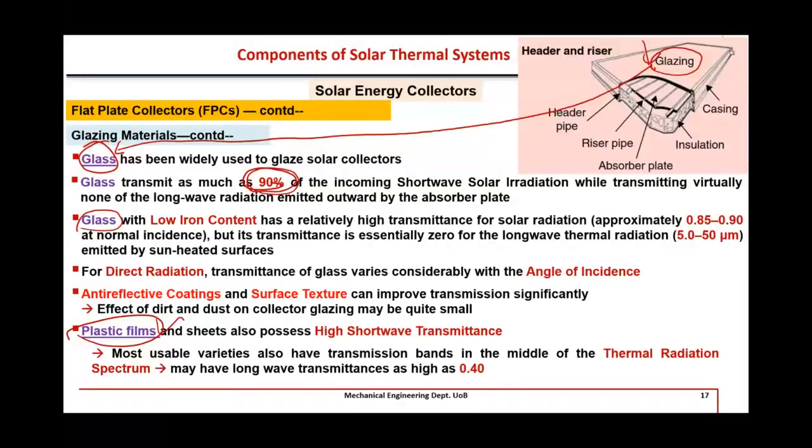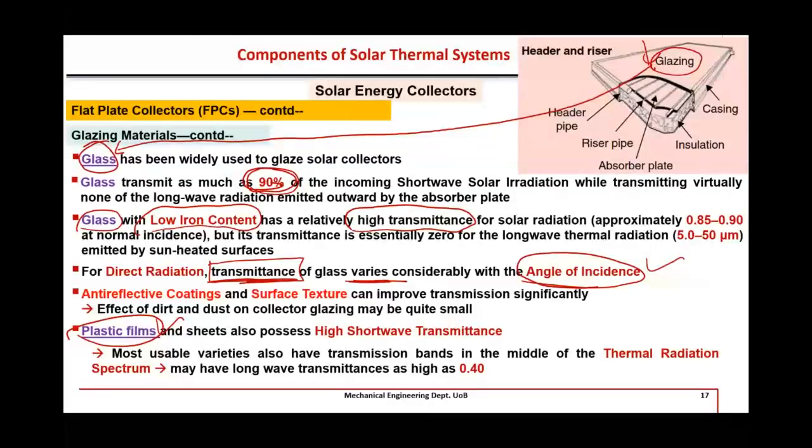And also transmittance of glass, as we discussed in previous two chapters, they vary with angle of incidence. As the angle of incidence is changing, this transmittance does not remain constant, it also changes. All right. So we should use a glass with low iron content, which should have high transmittance, right?